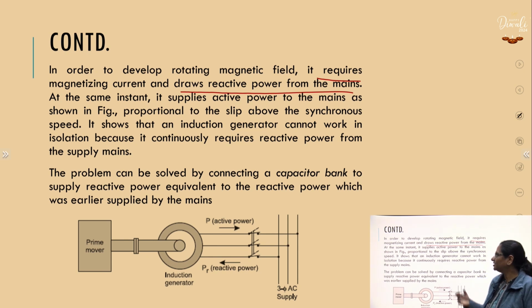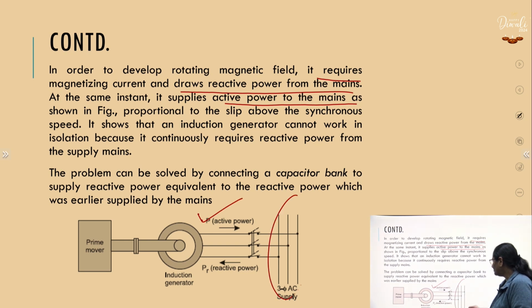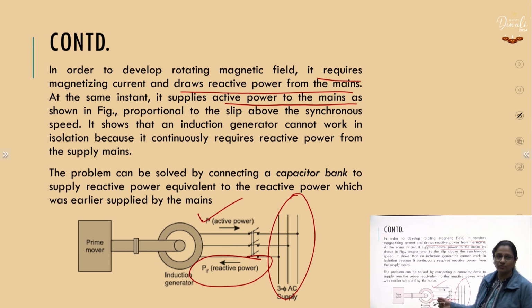So, at the same instant, the machine is supplying active power to the mains as shown in the figure. The machine is acting as a generator. It is supplying active power to the supply system or to the grid, and at the same time, it is absorbing or drawing reactive power for the development of air gap flux in the machine.